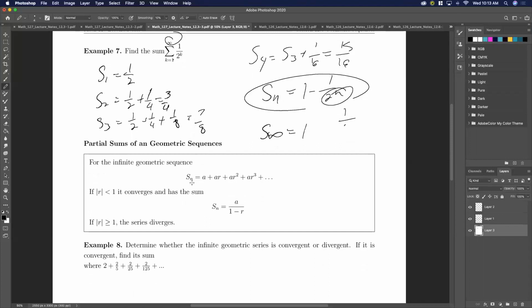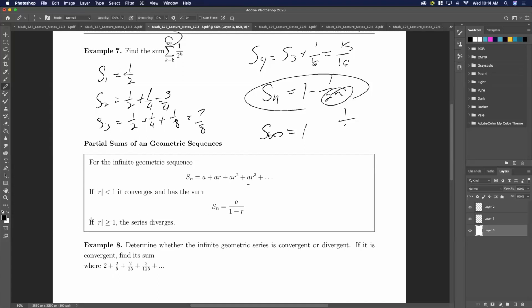But if my common ratio is less than 1, it'll converge and it has the sum: my first term divided by 1 minus my ratio. Notice here my first term is a half, my ratio is a half, and 1 minus a half is a half, so half divided by half is 1. That works out for this one.